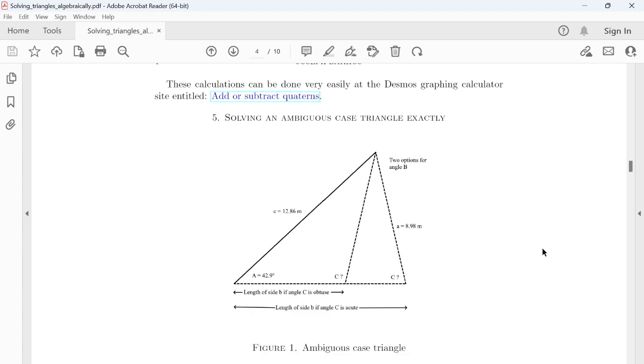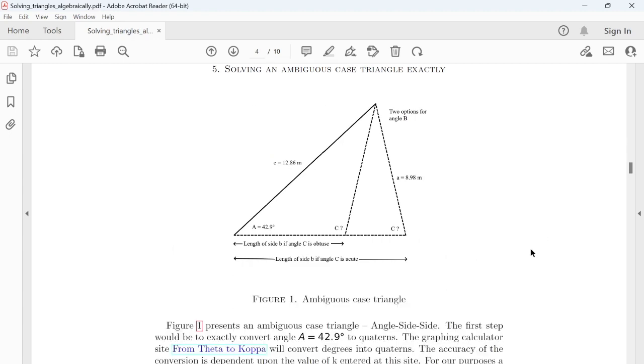The first one we want to take a look at is this triangle, and it's an example of an ambiguous case. This triangle is angle-side-side, it's called, and it presents an ambiguous case because there are 2 different possible solutions. They give you this angle A here.